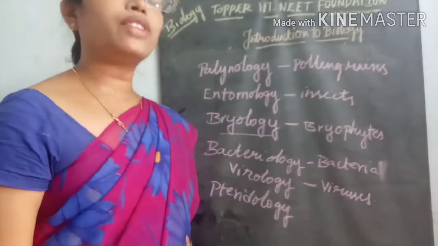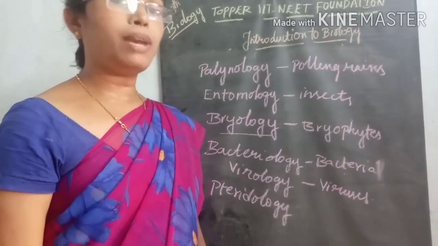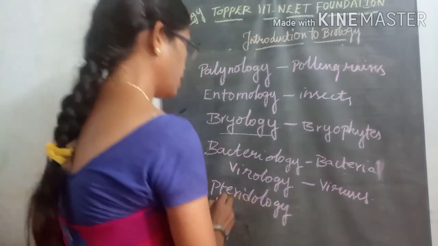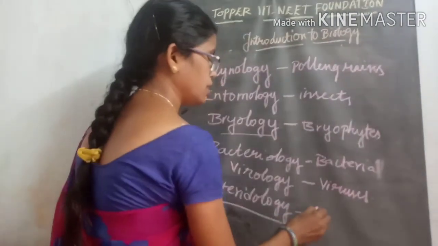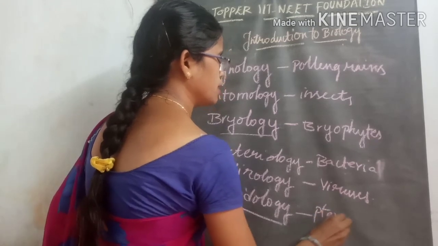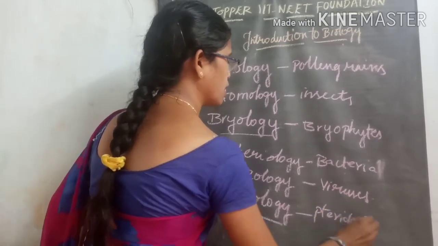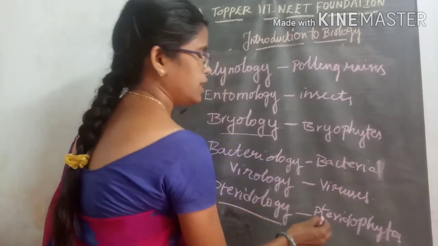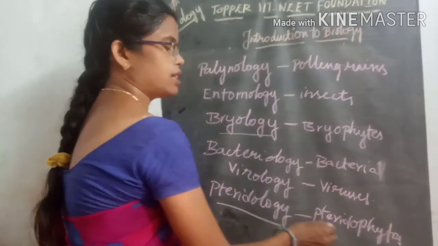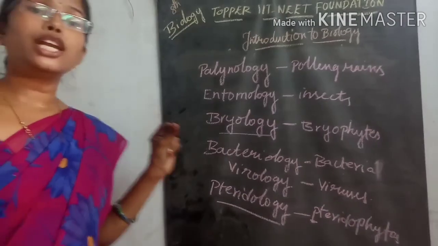The development of xylem and phloem in plants starts from the pteridophyte plants. This science deals with the pteridophyte plants. Here the P is silent. So that's why we call them pteridophytes.